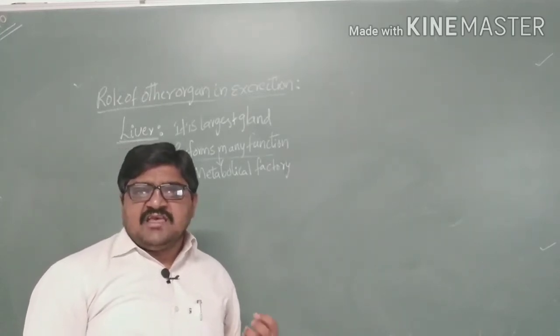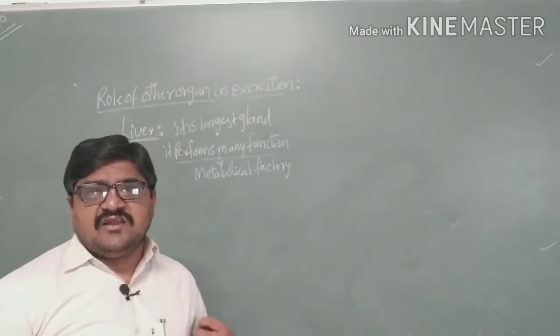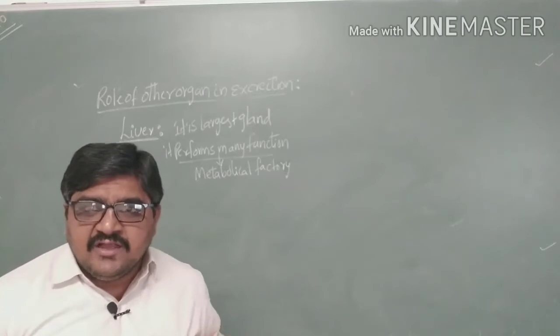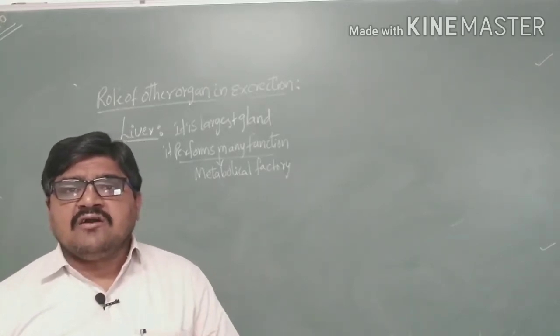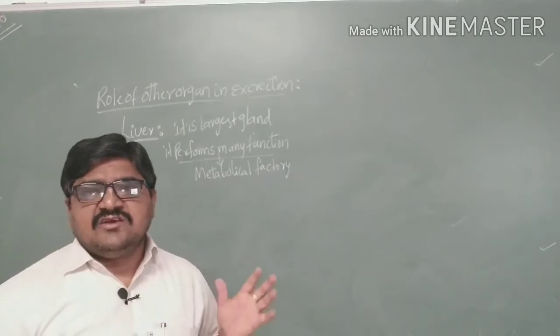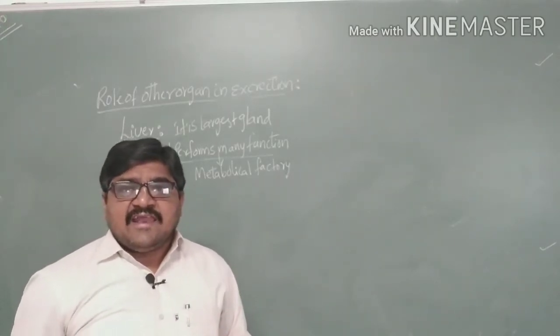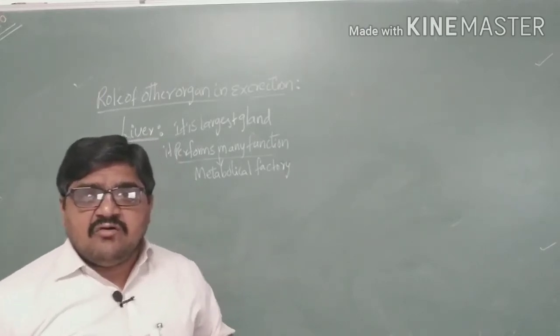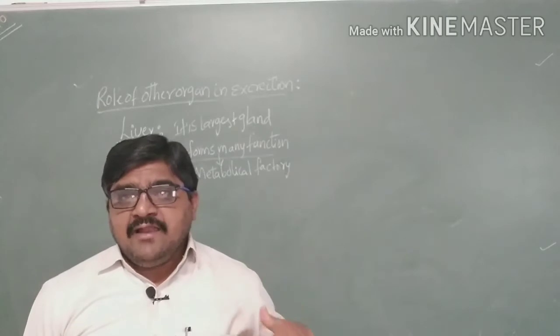Why? Because it detoxifies the toxic substances which enter firstly into the liver. Then the liver converts the toxic substances into non-toxic substances. That is, they are detoxified in the liver, and excreted outside from our body in the form of bile pigments, bilirubin or biliverdin.